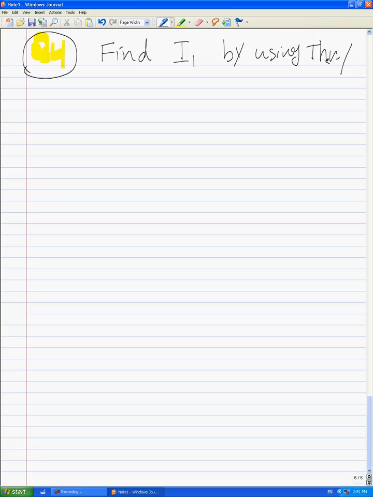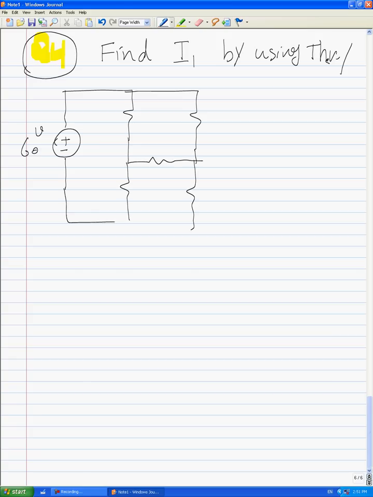The circuit is like this. We have 60 volts here, and we have 10 ohms here, 25 ohms here, 5 ohms here, and 20 ohms here.